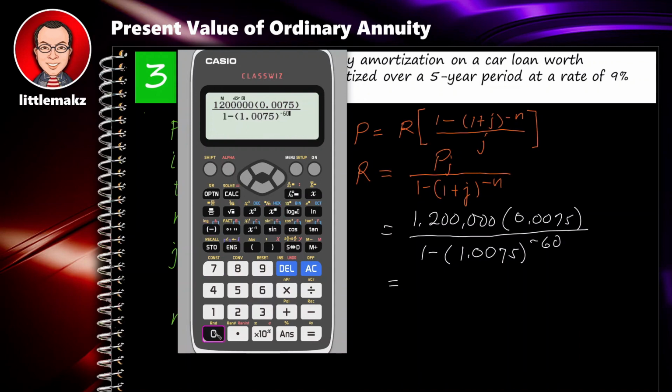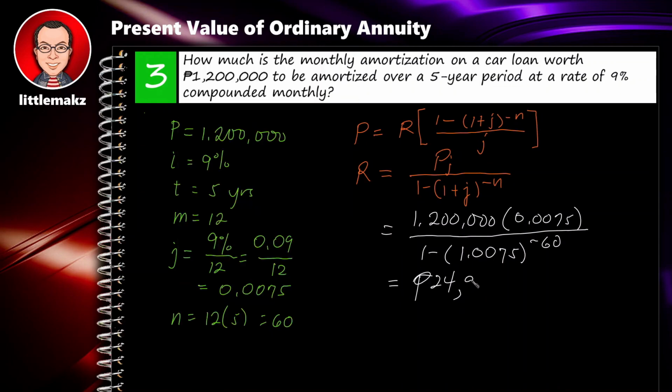We get 24,910 pesos and 3 centavos. We'll write it that way. So this will be R, or that is simply your periodic payment. But take note that the periodic payment will be the monthly amortization.